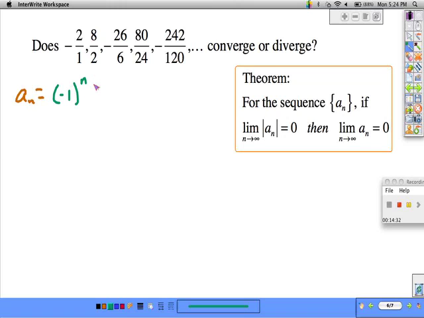And then we write a rule that actually deals with our individual values. And some of these things are going to be easier than others. The denominators are values of n factorial. 1 factorial, 2 factorial, 3 factorial, 4 factorial, 5 factorial. And then the numerators are actually all 1 less than the powers of 3.